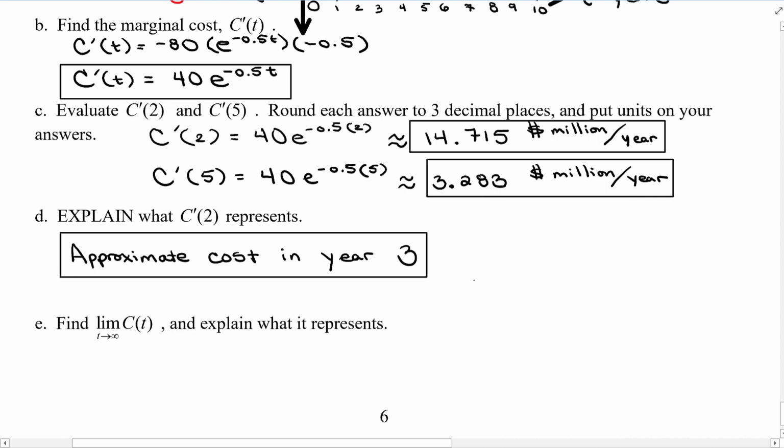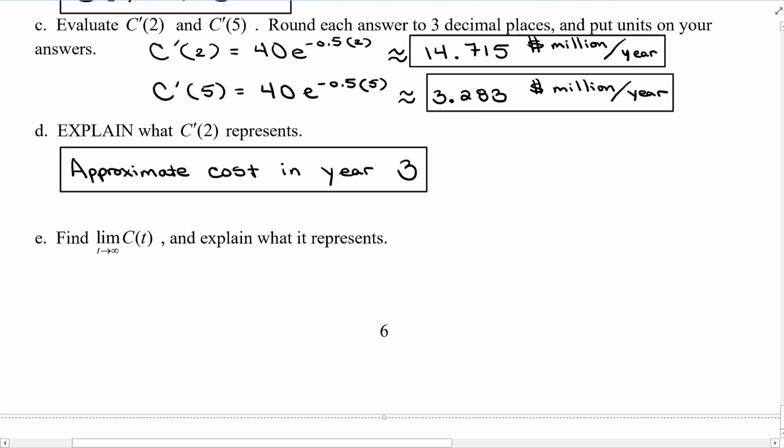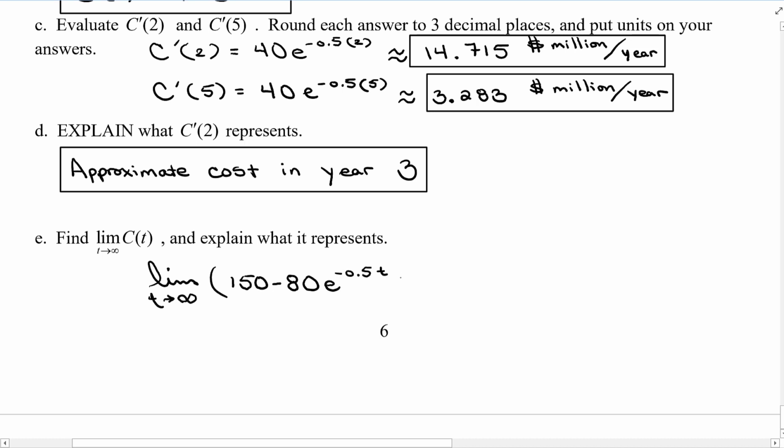Part E. Find the limit as t goes to infinity of C of t and explain what it represents. We already did this actually, but we'll do it again right here. The limit as t approaches infinity of, open parentheses, 150 minus 80 times e raised to the negative 0.5 t power, close the parentheses, is equal to $150 million.